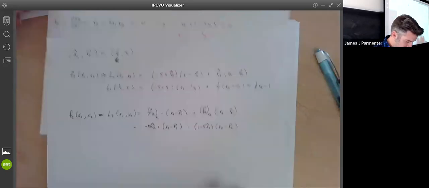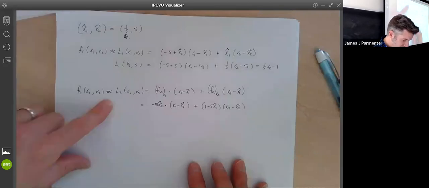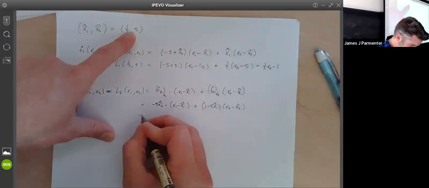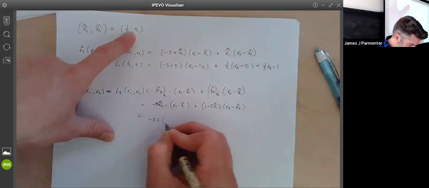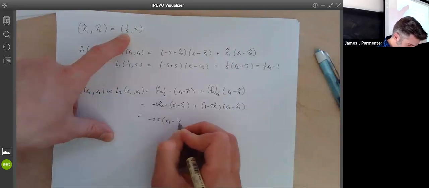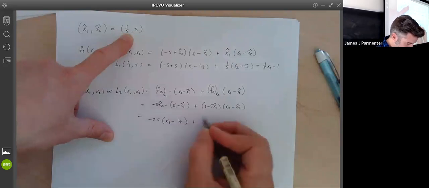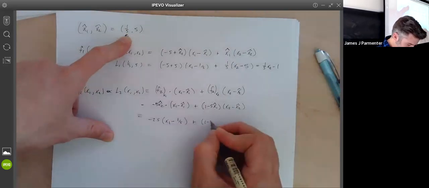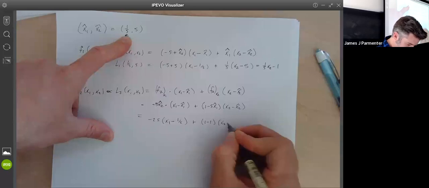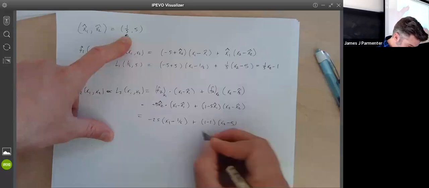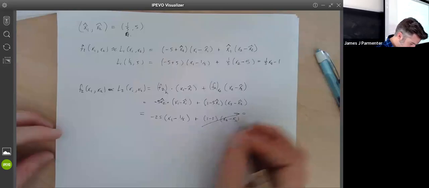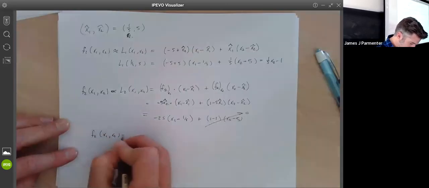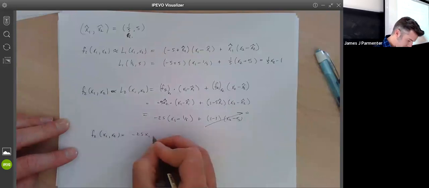And finally, we plug in our values, 1/5 for x1 hat, 5 for x2 hat, and we get negative 25 times x1 minus 1/5 plus 1 minus 1, which is 0. It doesn't really matter what this is. So we end up getting that the linearization of f2 is negative 25 x1 plus 5.